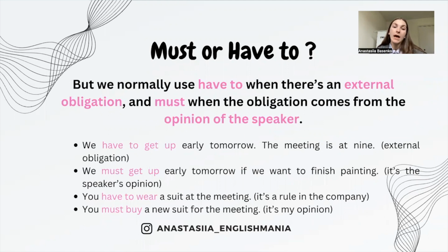For example, we have to get up early tomorrow. The meeting is at 9, so it is external obligation. We must get up early tomorrow if we want to finish painting. It's the speaker's opinion, like internal obligation. I decide for myself. You have to wear a suit at the meeting. It's a rule of the company. External. You must buy a new suit for the meeting. It's my opinion.